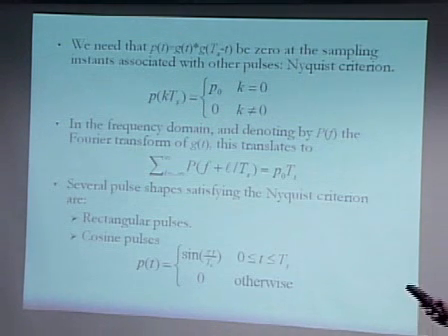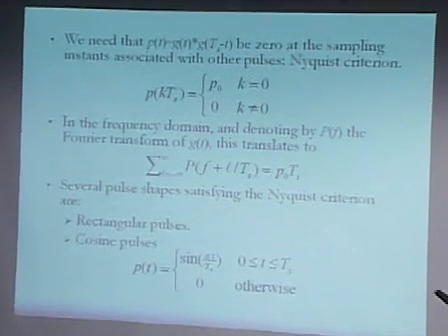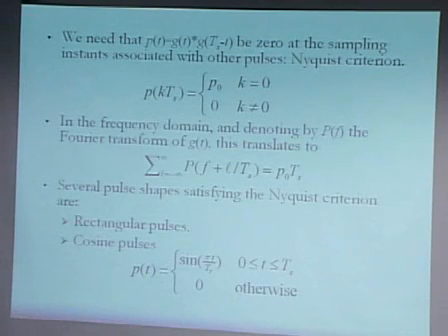Okay, and at this point, let's say K equals 0, but it could be any other one. At any particular point, we will say it has a value which should be 1, but let's call it P sub naught to keep it general, but this should be 1 essentially. And everywhere else, in all the other sampling points, which are for other symbols, we want it to be 0. Okay? So this condition ensures that there will be no ISI.